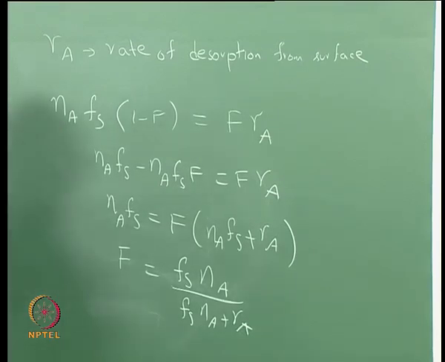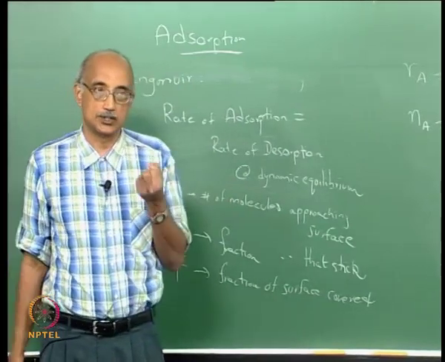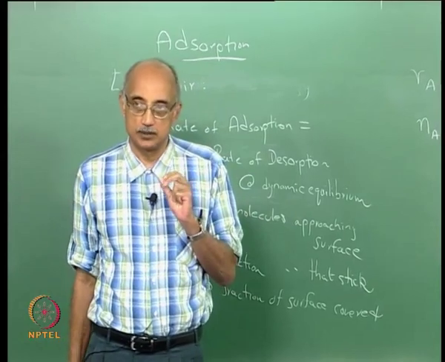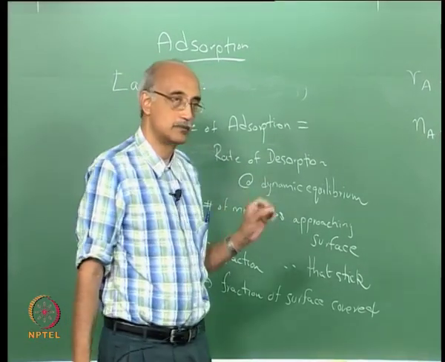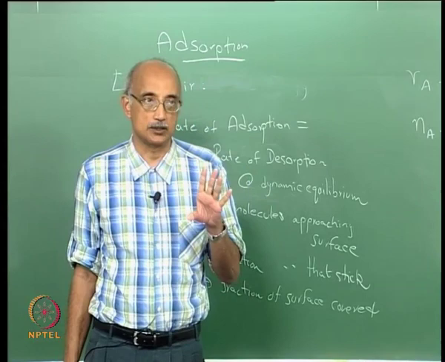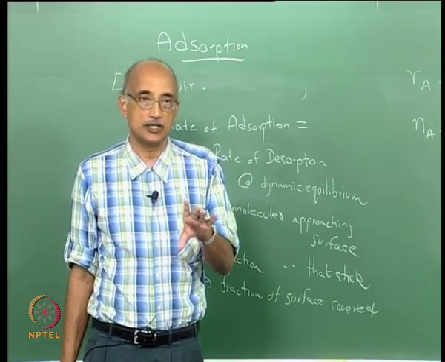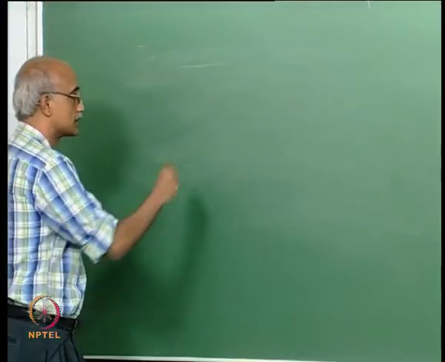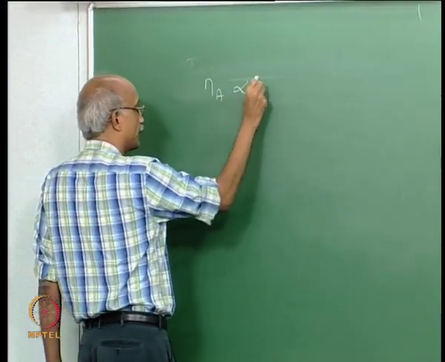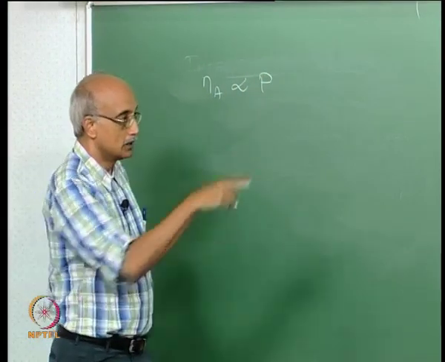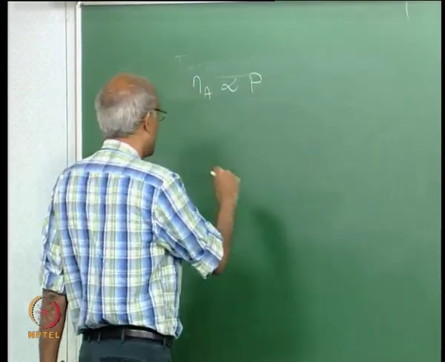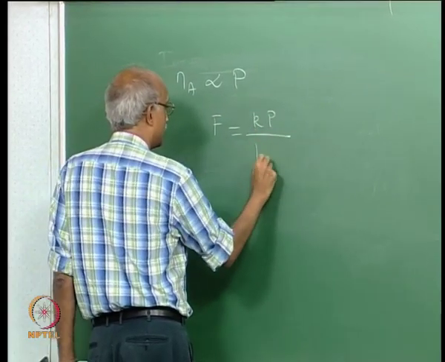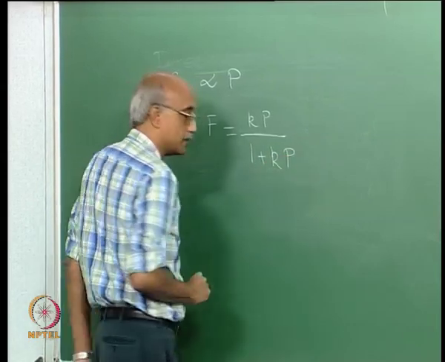Now, if you look at this parameter Na, which is the number of molecules approaching the surface, for a given temperature, this parameter is primarily dependent on pressure. The greater the pressure that you exert, the more will be the number of molecules approaching the surface. So, since Na is proportional to P, you can actually rewrite that equation as F equals Kp divided by 1 plus Kp.